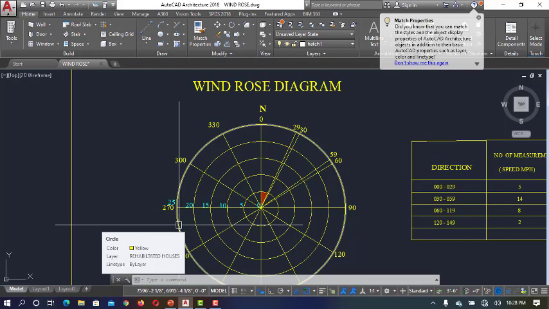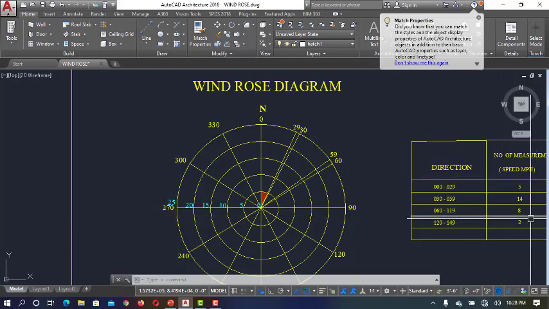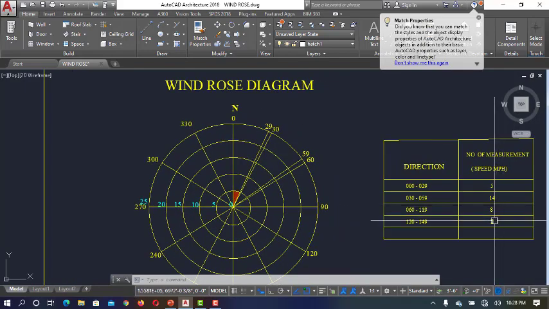Now what is the speed? The concentric circles are the speed. So when we are talking about 14, it is almost coming between 10 and 15, right?